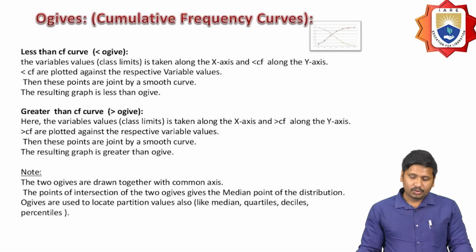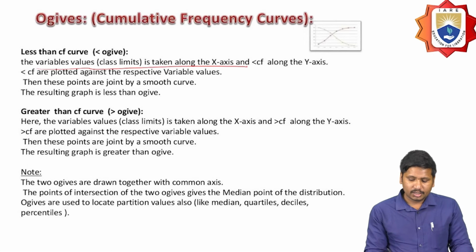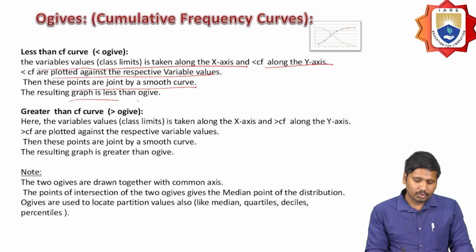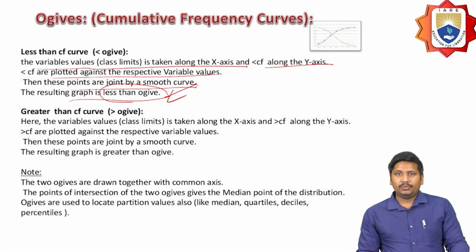So the variable values are taken on the x-axis, and CF values along the y-axis, and the less than CF is plotted against the representative variable values, and these points are joined with a smooth line, and the resultant is the less than ogive.